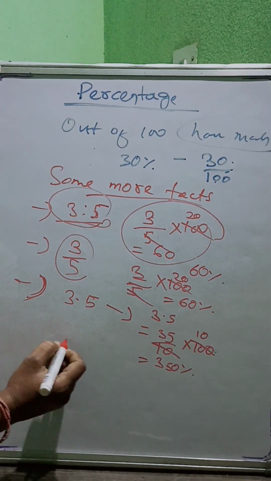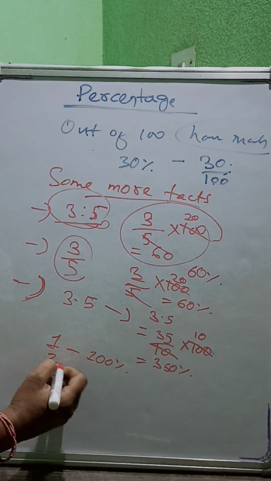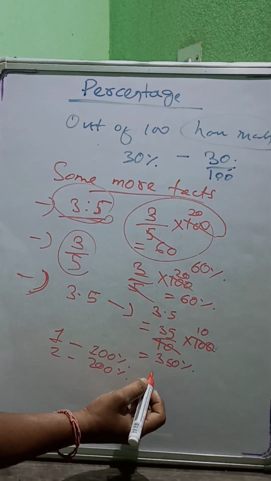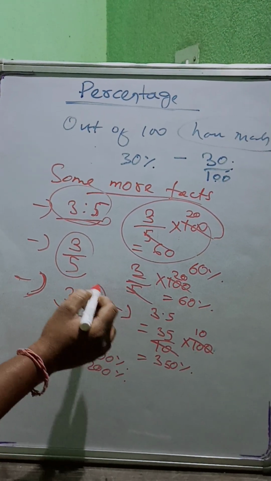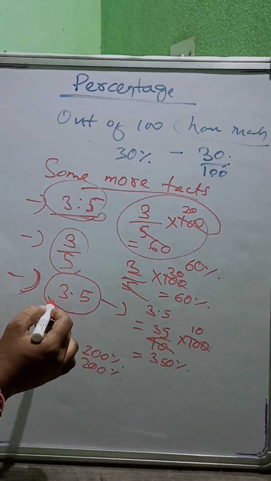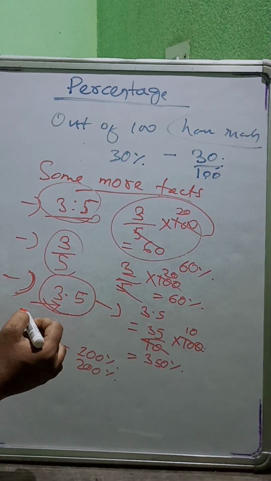You should know that if it is 1, then it is 100%. If it is 2, it is 200%. If it is 3, it is 300%. So you can imagine that 3.5 means it is more than 300%.